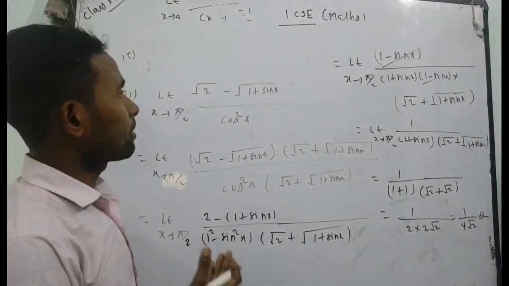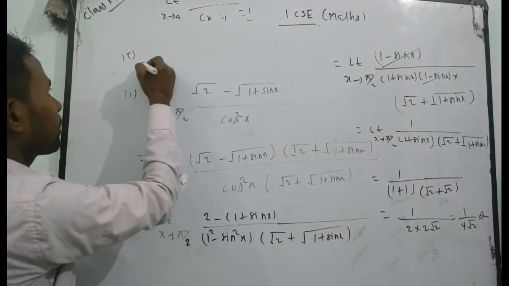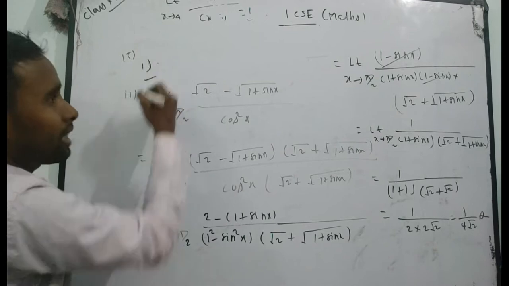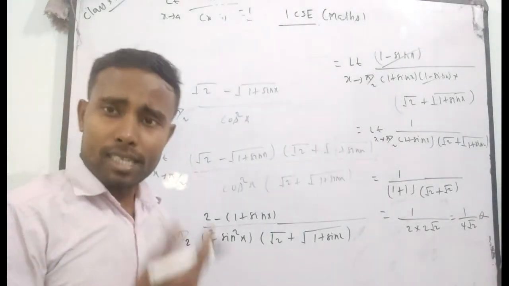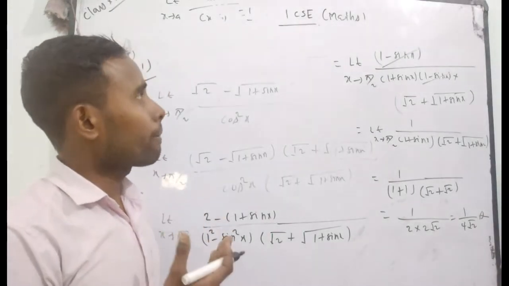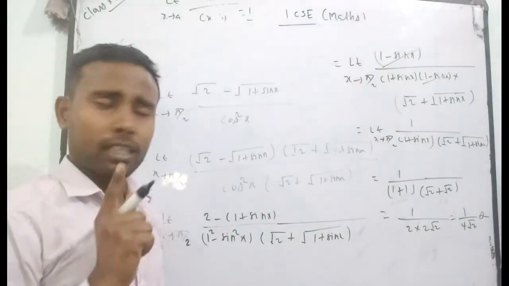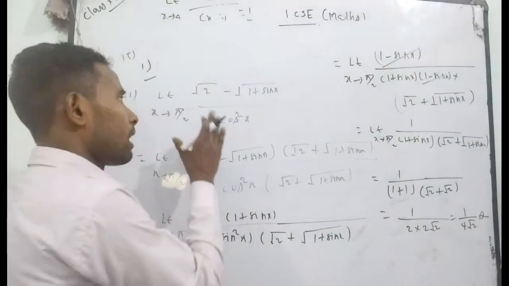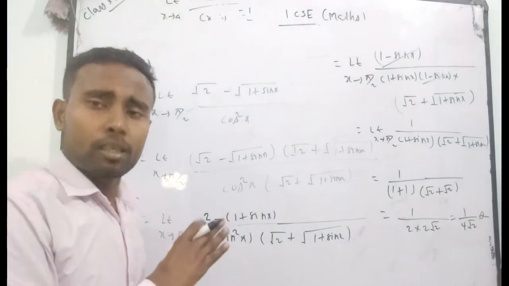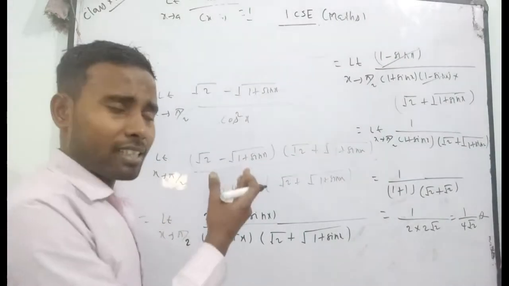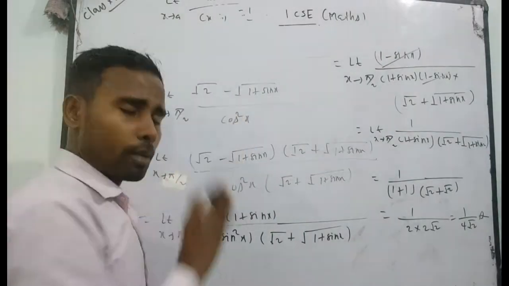This is the way by which you can find the limiting value of any function. There is a simple way. I always try to first check in the given problem whether the limit exists or not by putting the value directly in the given expression.